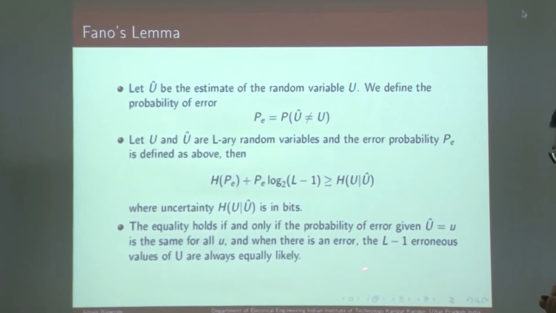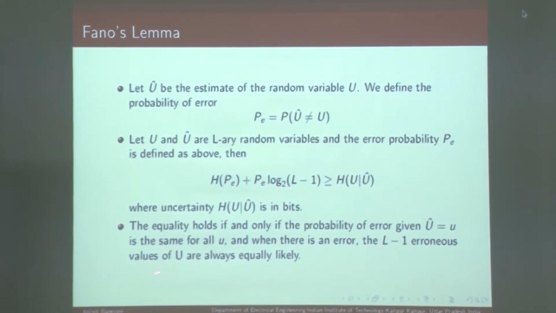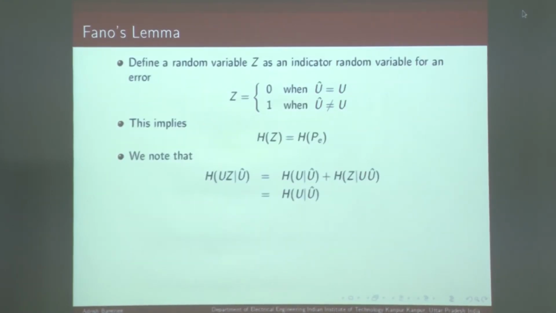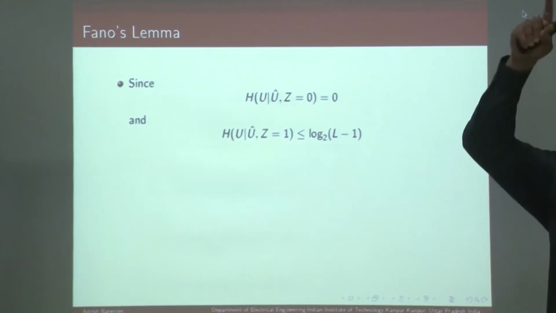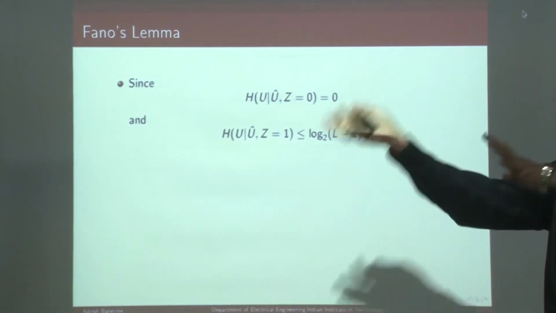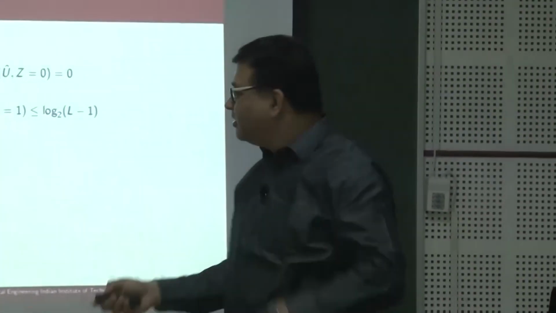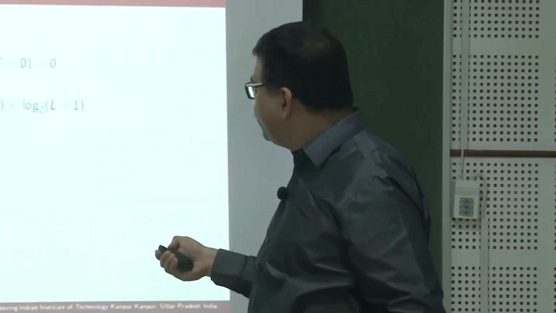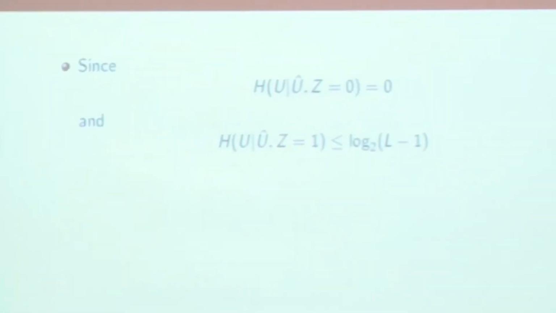Now, what is the second condition? All L minus 1 erroneous values of u are equally likely. Now, see where we are using the next inequality, that is here. If you recall, when x is uniformly distributed, H of x is log of L, over all possible values. I am saying H of u given u hat and z equal to 1 is less than or equal to log of L minus 1.